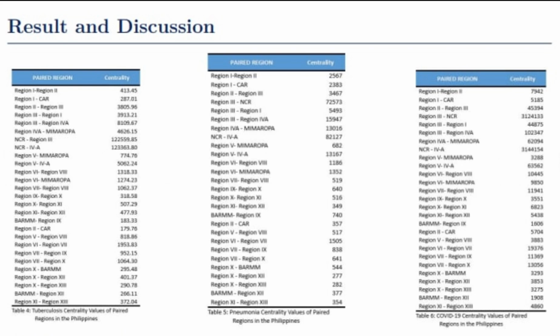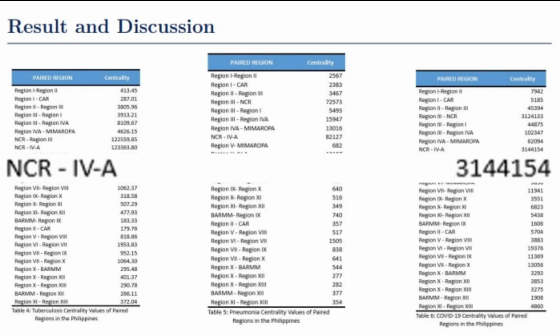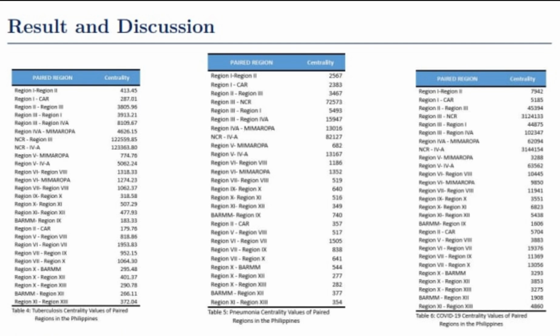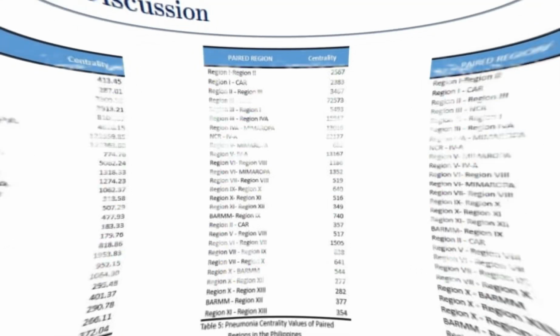While COVID-19 saw the highest centrality between NCR and Region 4A at an exceptional 3,144,154. These findings reflect the regions' high disease cases, dense population, close proximity, and strong interregional mobility.